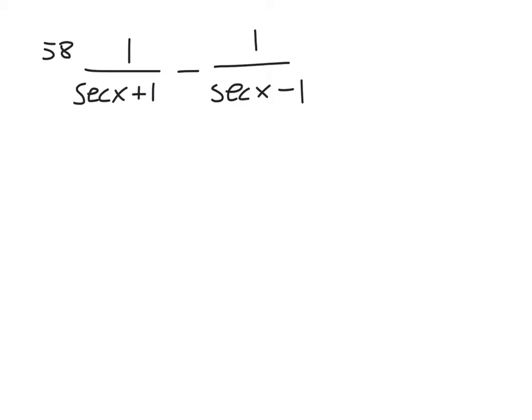We've got fractions, so remember you need a common denominator, and we do not have that now. And we have to multiply by factors as well. So the common denominator on this one is going to be secant x plus 1 and secant x minus 1.